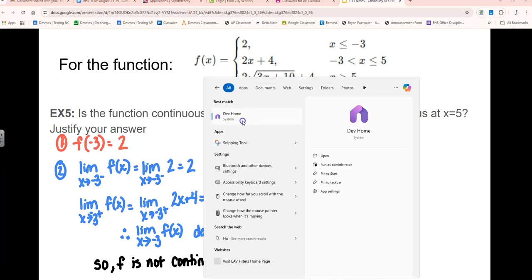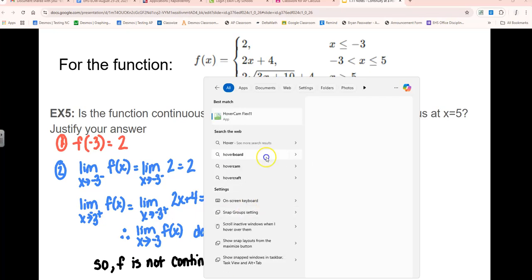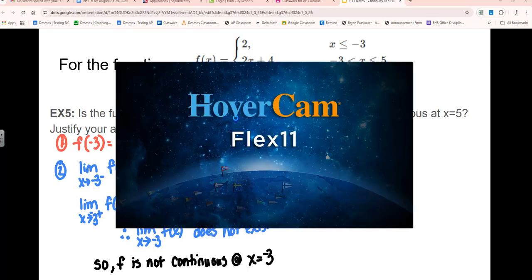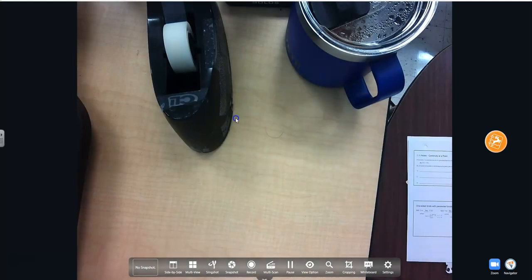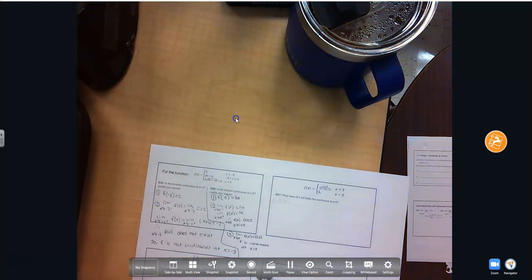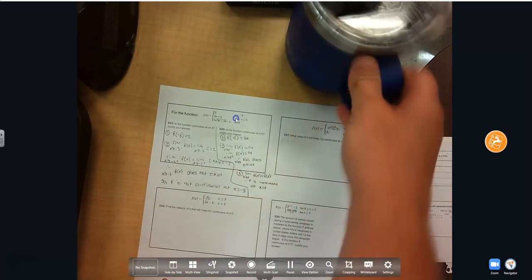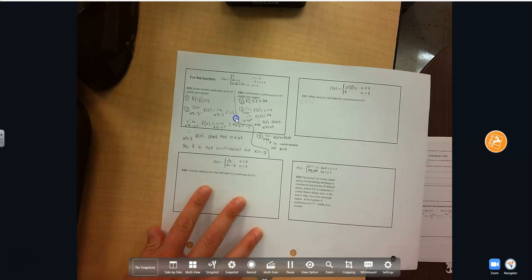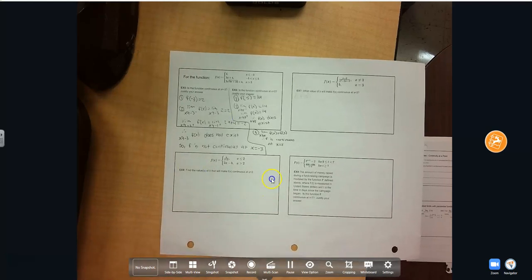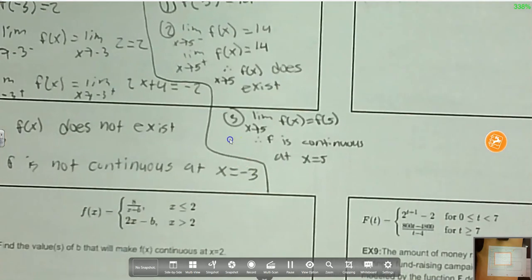Let's see. Okay, so let's look at Kendall's first. We can zoom in here enough to be able to see it.